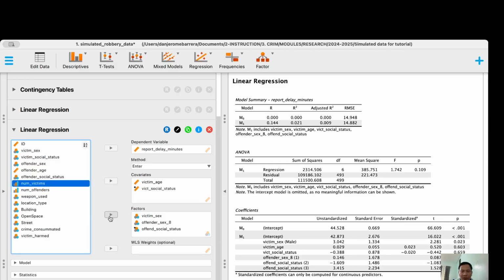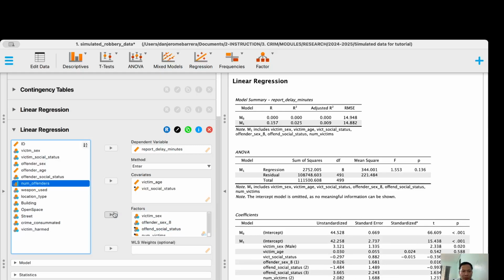Let's move it here. Now let's go to another variable.